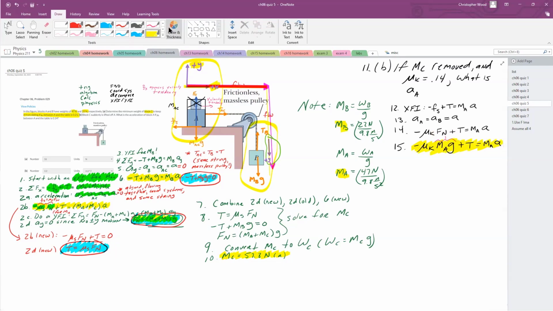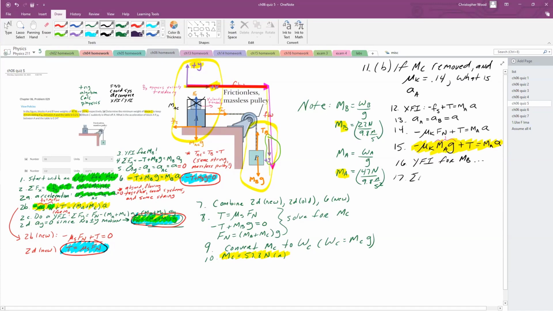Here's the inventories for block B. The Y force inventory for block B is as follows. I have the sum of all those Y forces is minus T plus MBG equals MBA.